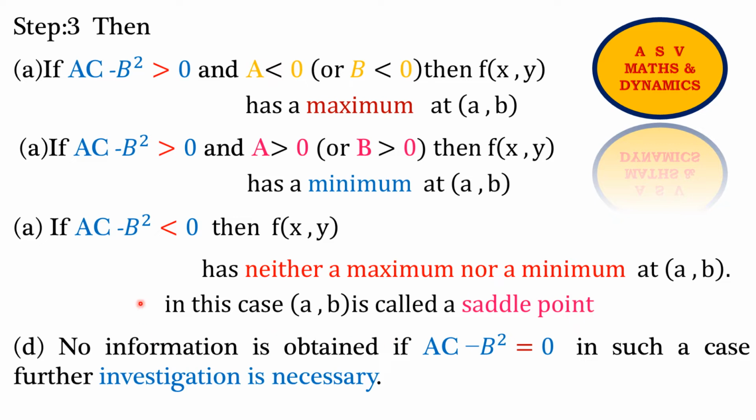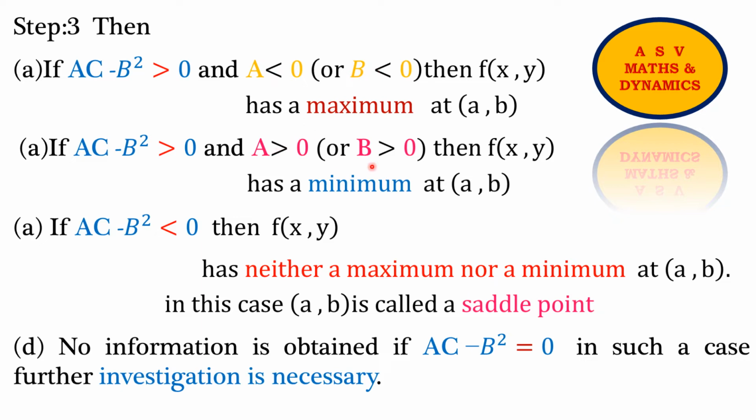At the same time, the condition is very important: it has only three ways. One is positive, another is negative, another is equal to 0, which means no investigation is possible here. If the condition is positive, but the point a is less than 0, negative, or b is negative, then it is a maximum.